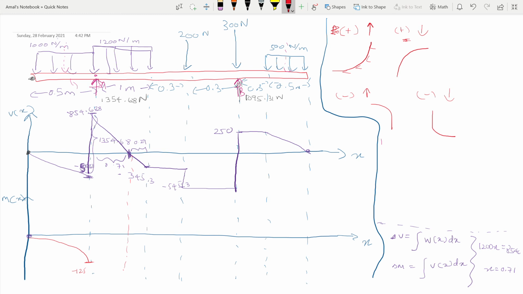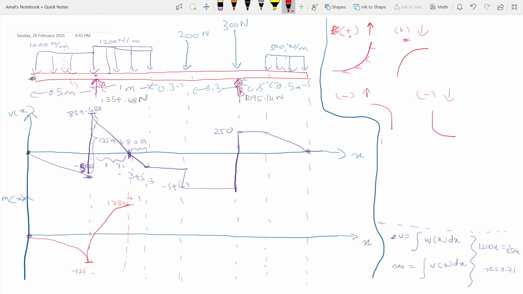Let me get that number. 1/2 times 0.71 times 854.688 gives 303.5414. So that's the change. So we have negative 125 now, so we have to subtract that amount, so it goes up to 178.41. So here it is going to be 178.41. So the slope of the graph looks like this.